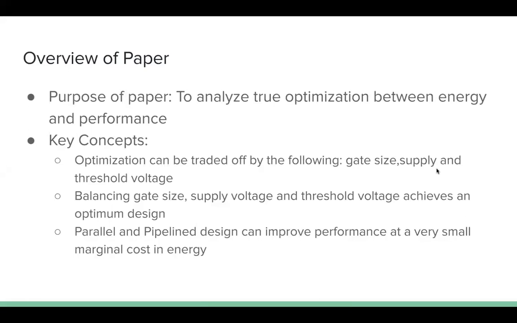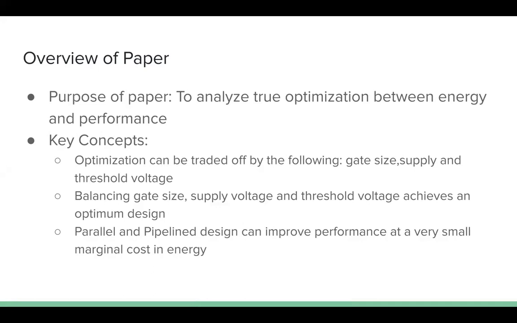Okay, so to begin, we're just going to go over an overview of the paper. The whole purpose of the paper was to analyze the true optimization between energy and performance at the chip design level.